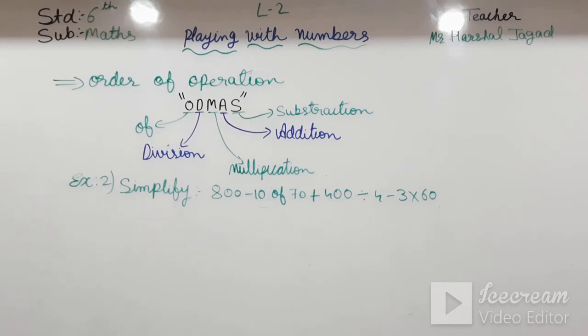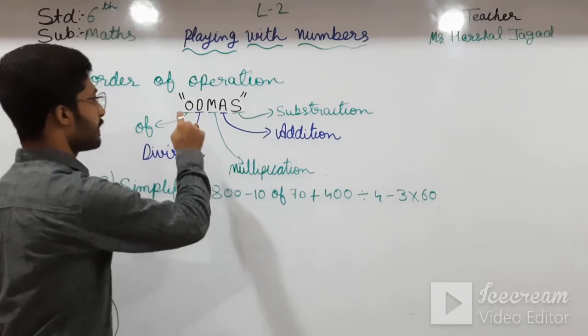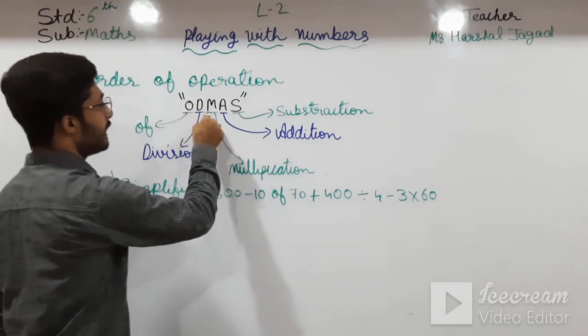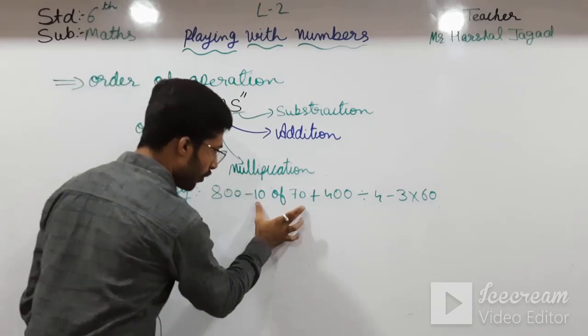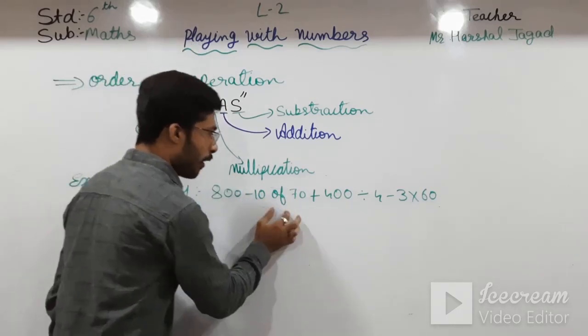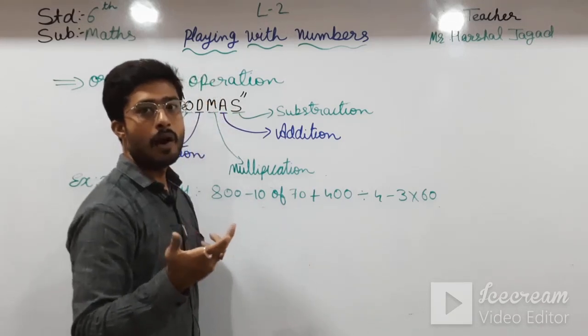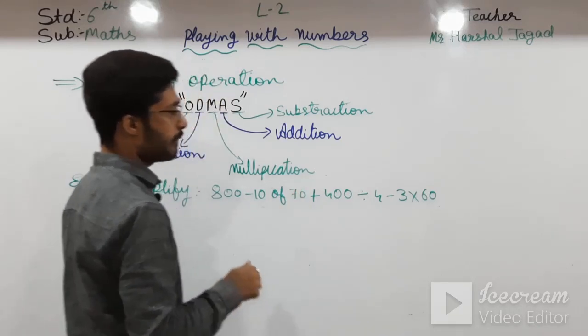first what we have to do? Here if we see, BODMAS, here O means of. You can see over here the of is there. Okay students, 10 of 70, what does it mean? 10 of 70, can anybody tell me students?